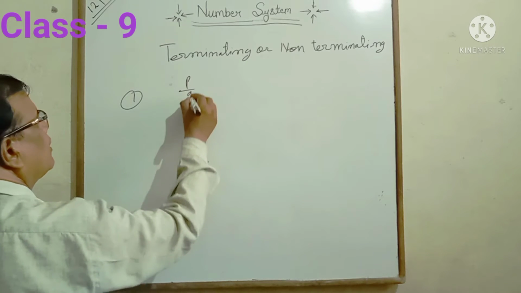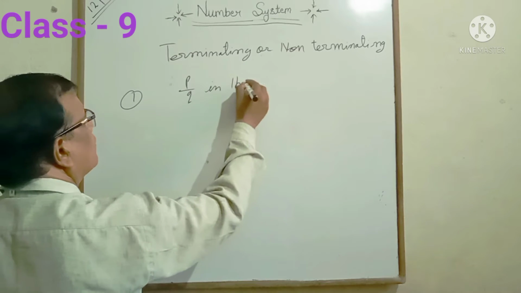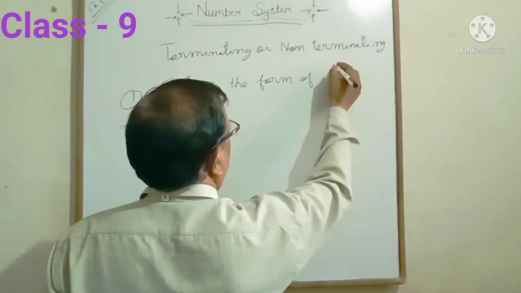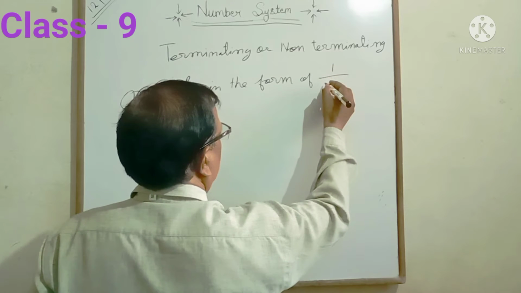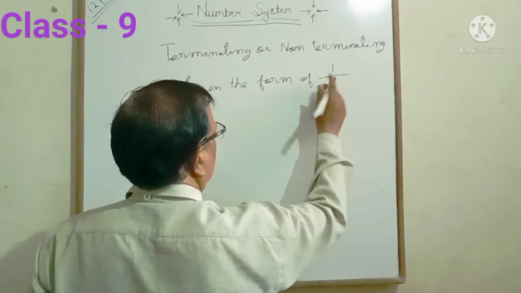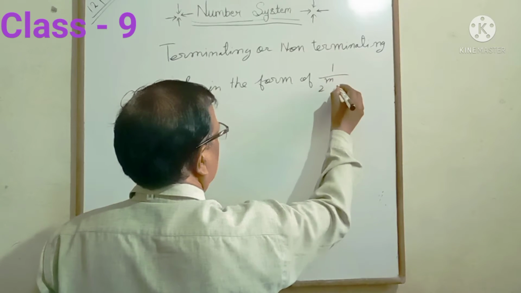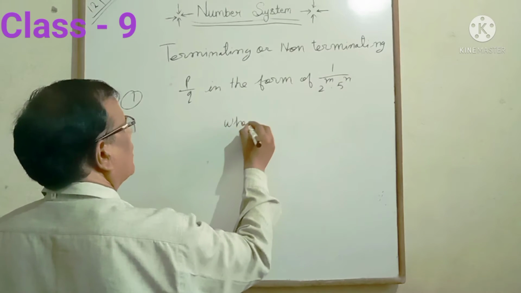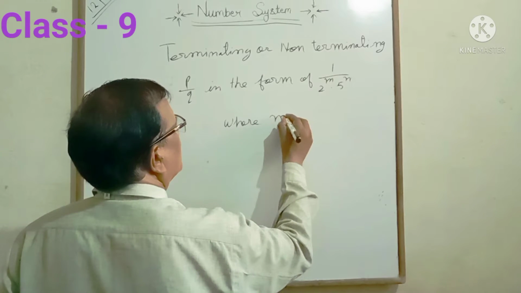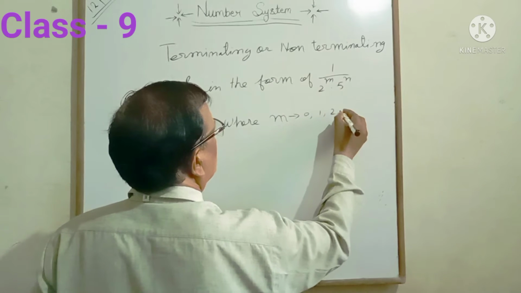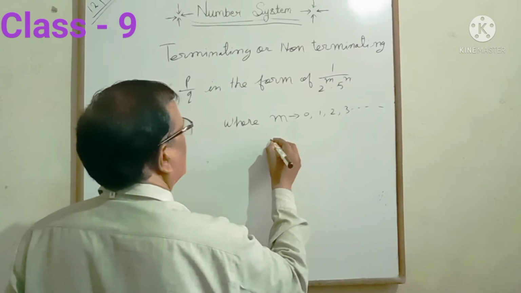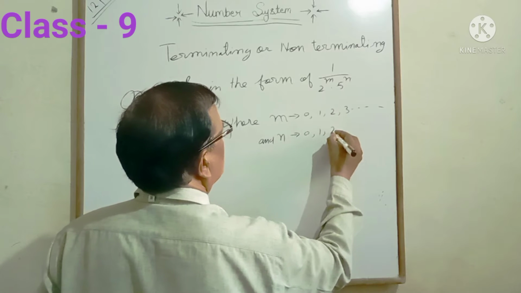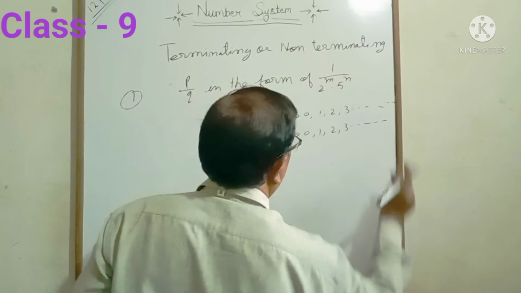If p by q is in the form of 1 upon 2 to the power m into 5 to the power n, where m may be 0, 1, 2, 3 up to infinite, and n may be 0, 1, 2, 3, these may be whole numbers.